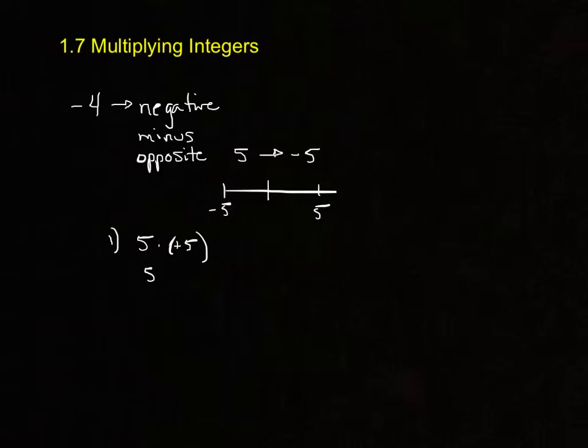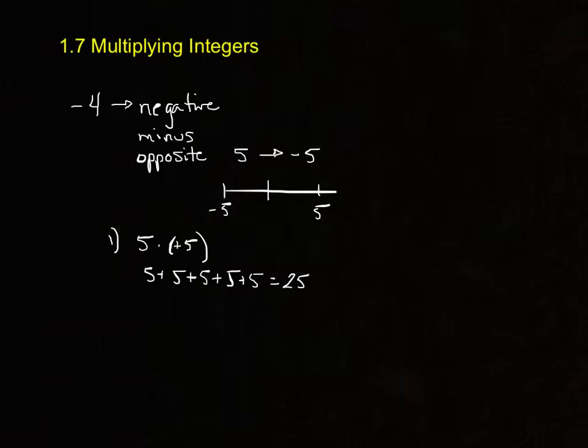So we could also say 5 plus 5 plus 5 plus 5 plus 5. We could do that, but a lot of us have memorized this shortcut to say, I know I have 5 groups of 5. So together that's going to make 25.